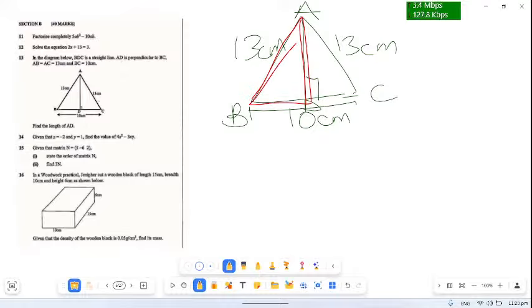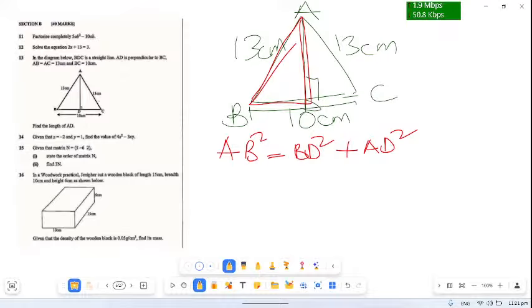So the hypotenuse line is AB, AB squared is equal to BD squared plus AD squared.